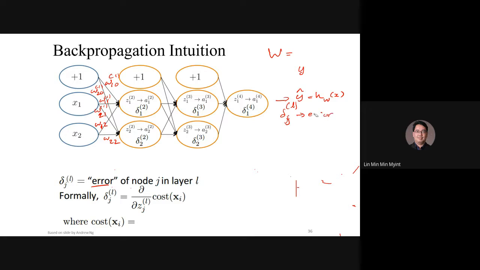Maybe we can say these are the changes in error, distributed to all of the nodes in here.